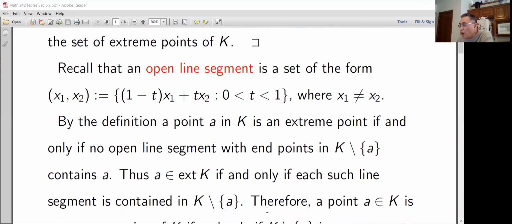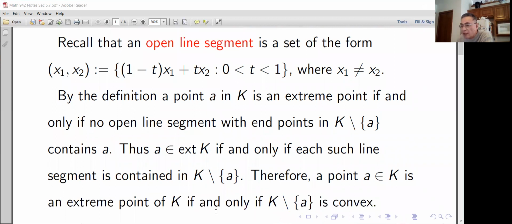Therefore, a point A in K is an extreme point of K if and only if K minus A is convex.